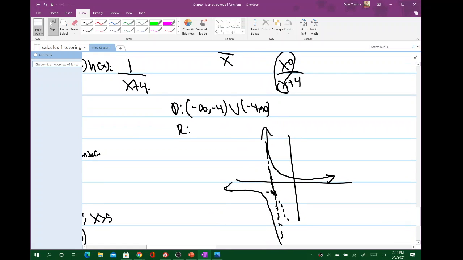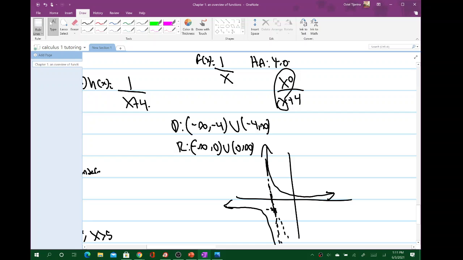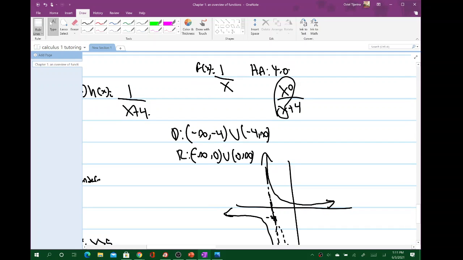So the range goes from negative infinity to 0 union 0 to infinity, but we're not including, or actually, hold on.